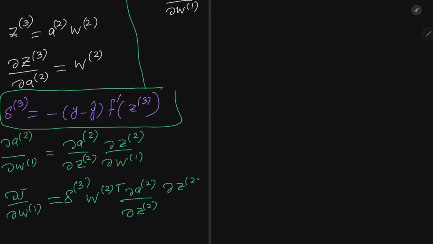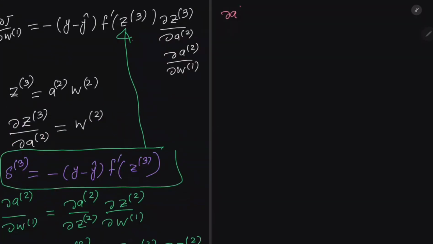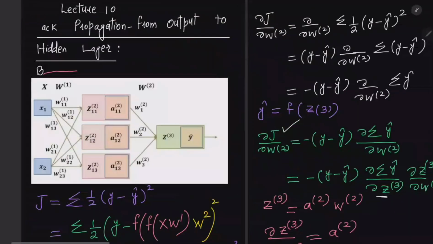Partial z2 by partial W1, and a2 will be equal to, when we apply activation function of hidden layer on z2. So we have partial a2 by partial z2 equal to f dash z2, and we know that z2 will be equal to x W1, as you can see from the image.